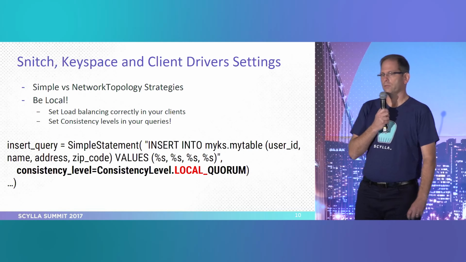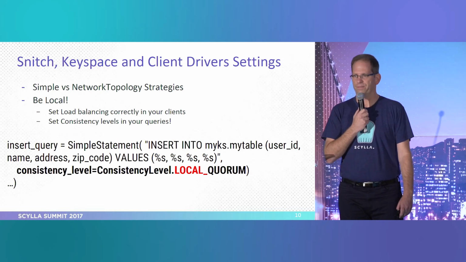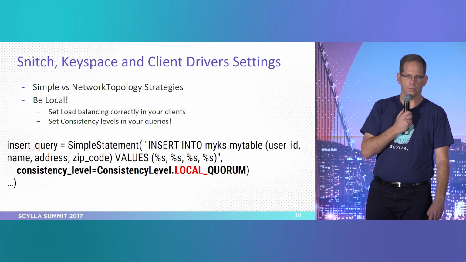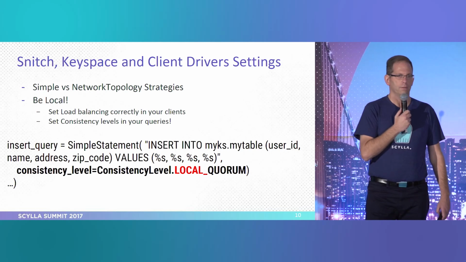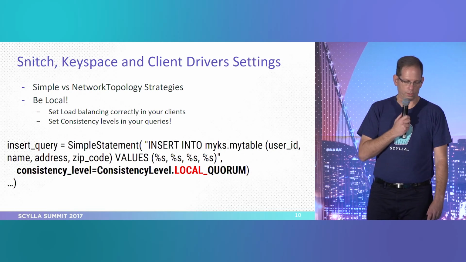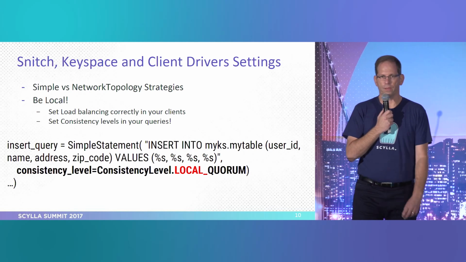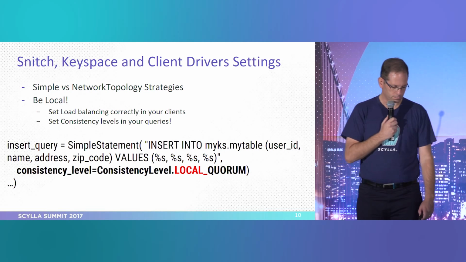Another thing is consistency. Again, it's easy, starting as a new developer, to put quorum on everything. You feel very safe, but you also pay for it. Quorum will, again, disregard anything about the policy of the network and will send information across the wire without thinking why it should be there.